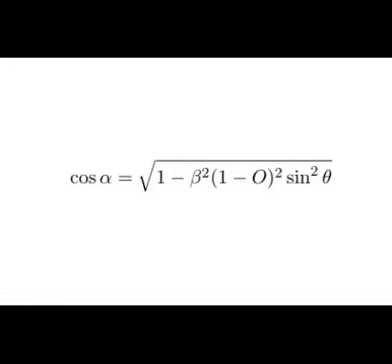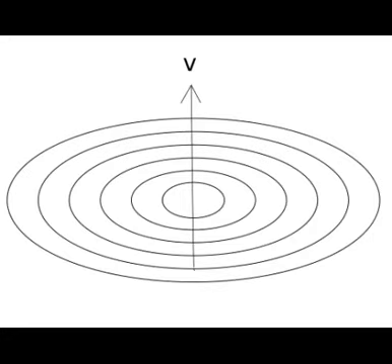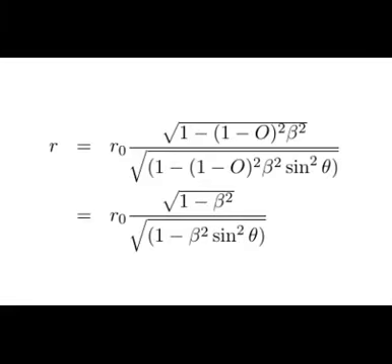The shells are contracting in the direction of velocity. In fact, the transverse dimension stays the same, but you have the contraction of the longitudinal direction. You can express this in a nice formula like this here, and you have the image here showing you more or less what's happened.